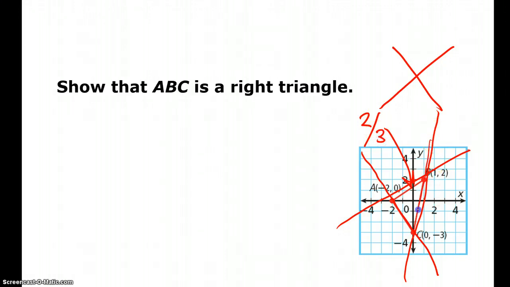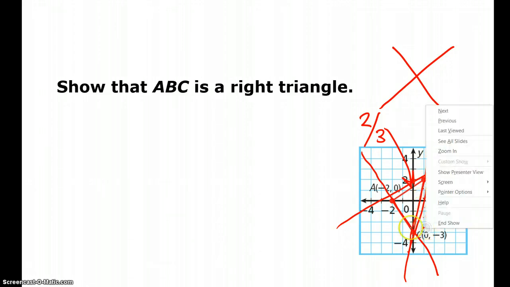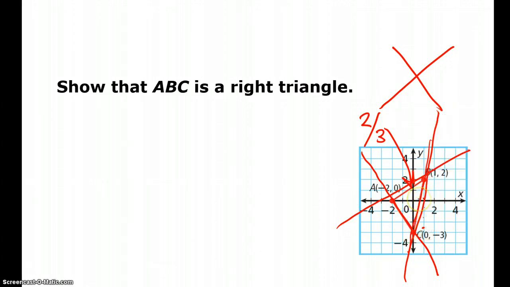If I check this one right here, that one looks like it is down 1, 2, 3, 4, 5, and backwards 1, so down 5 and backwards 1 would just be a plain old 5. And this one is down 1, 2, 3 over 2, so down 3 over 2.